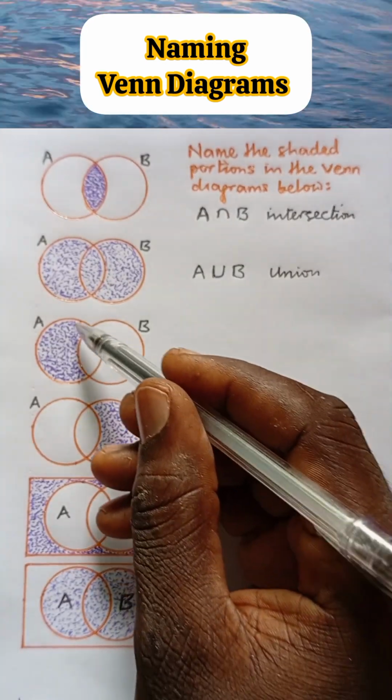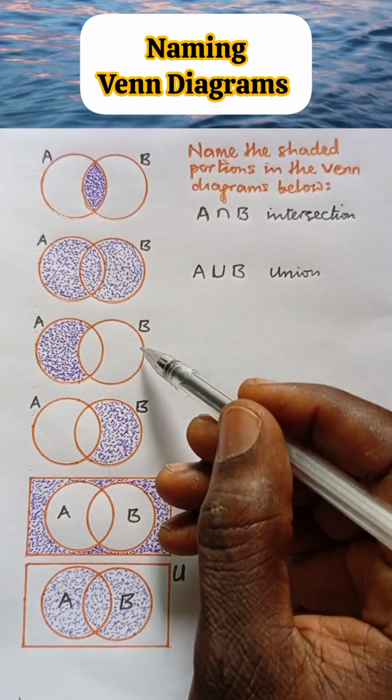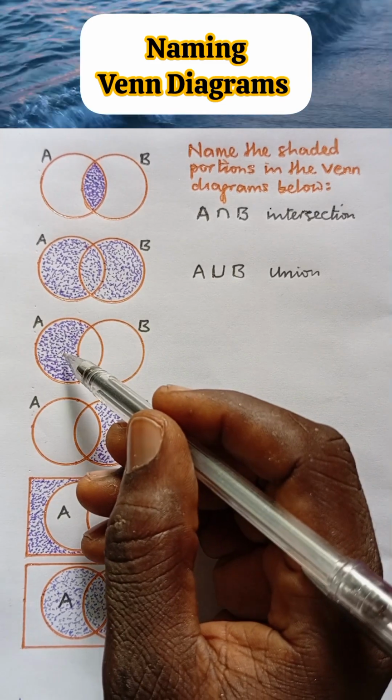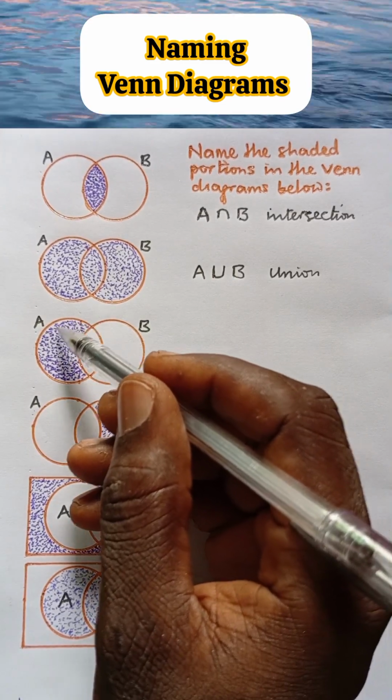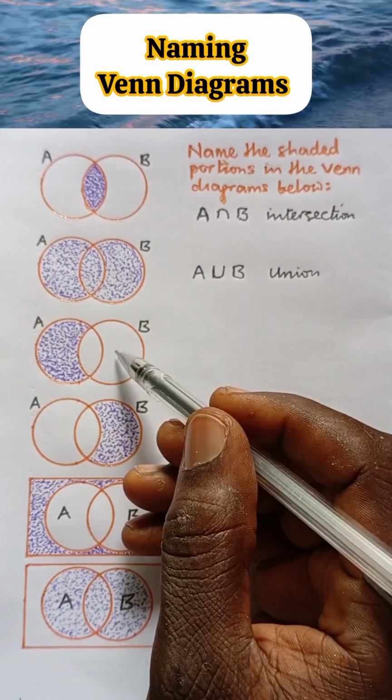Similarly, we have this circle representing the elements of A and this one representing the elements of B. Now the shaded portion contains elements of A that are not present in B at all.